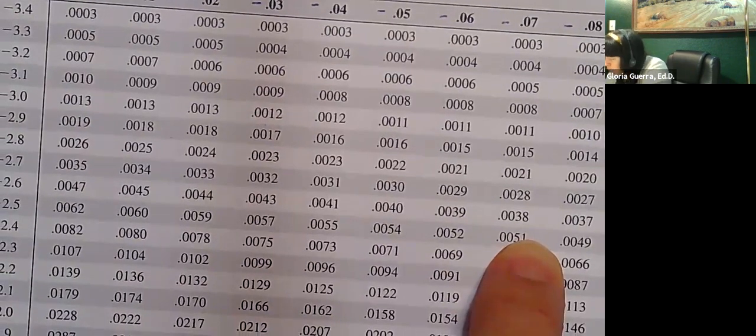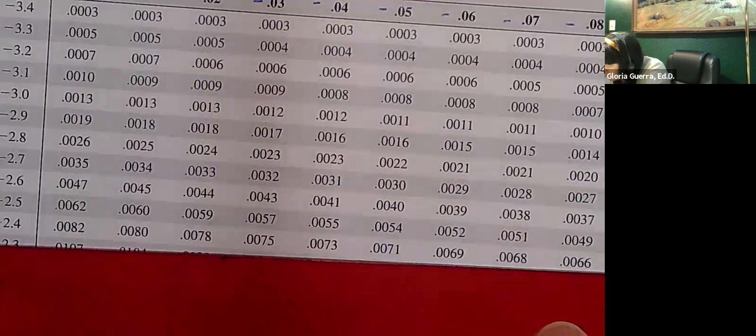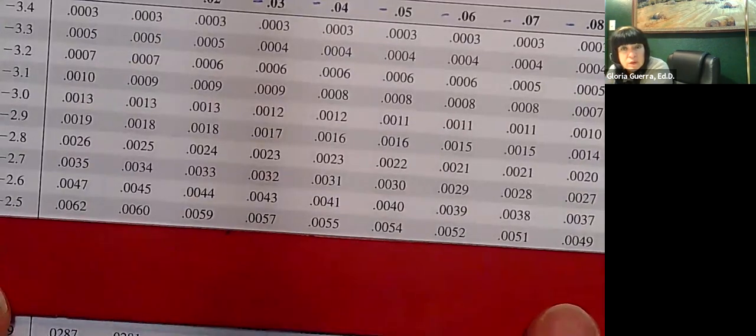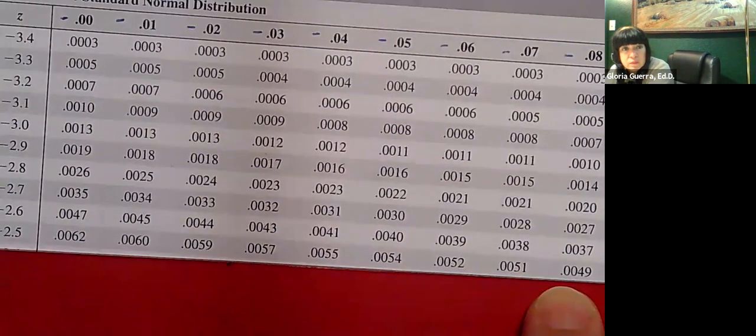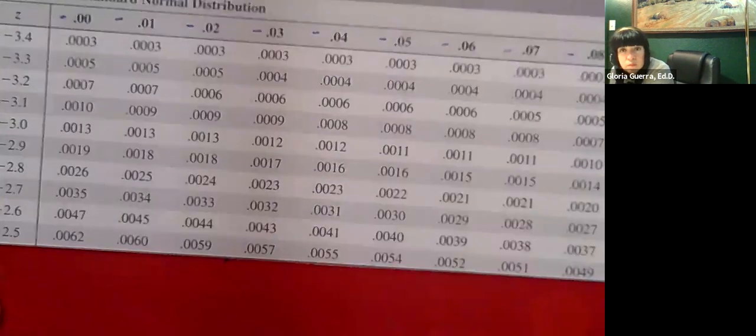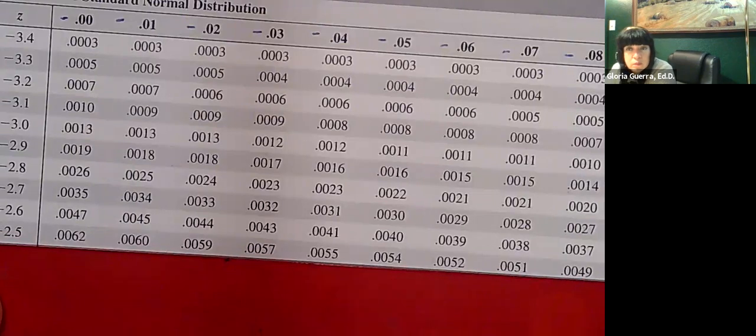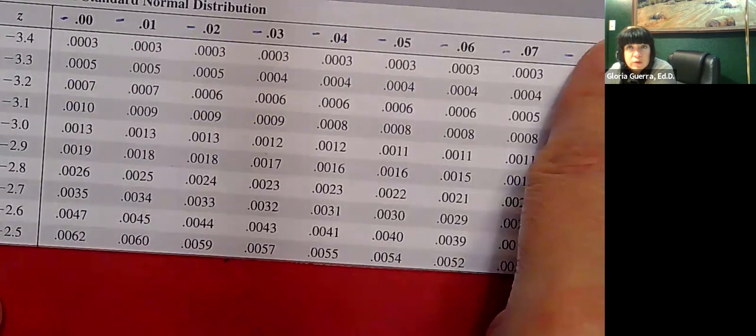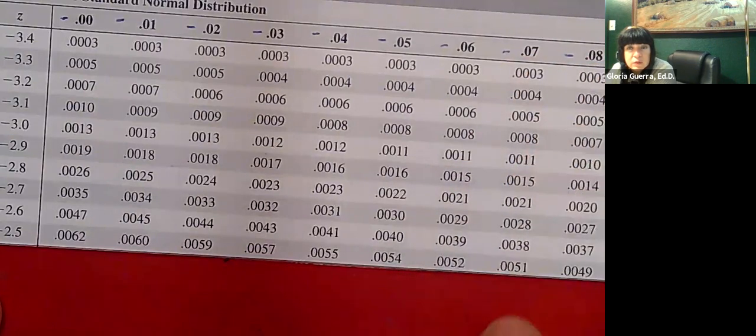So you see that negative 2.5, 0.005. We're looking at these two numbers right here, negative 0.07 and negative 0.08. So 0.005 would be between these two, somewhere in there, okay?